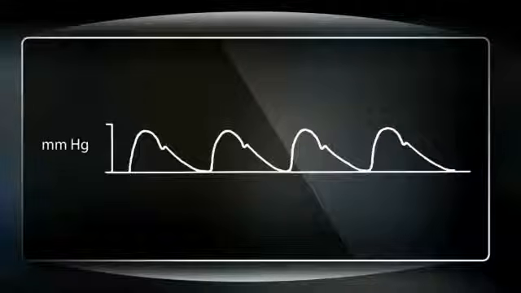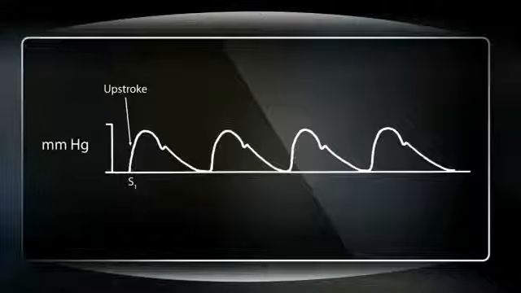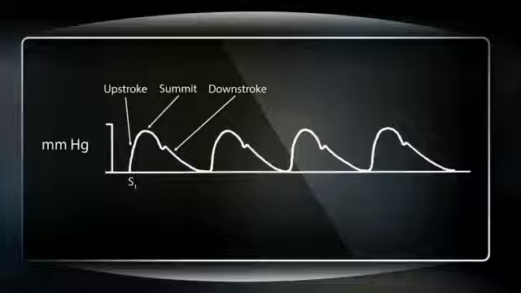This illustration represents the contour of the pulse wave, that is, the speed of the upstroke, the duration of its summit, and the speed of the downstroke. The normal upstroke is brisk, smooth, and rapid, and follows S1 almost immediately. The summit is smooth, rounded, and roughly mid-systolic.